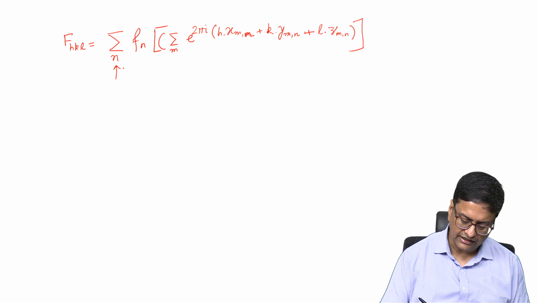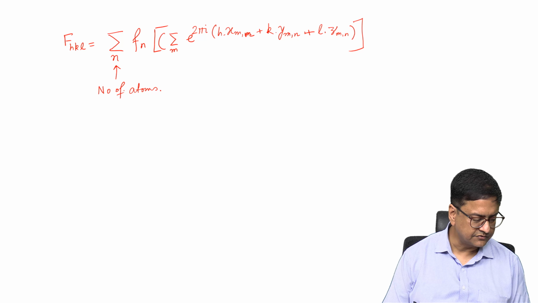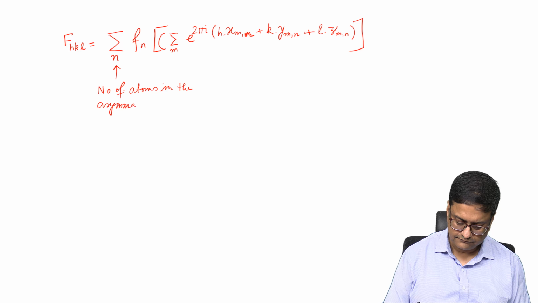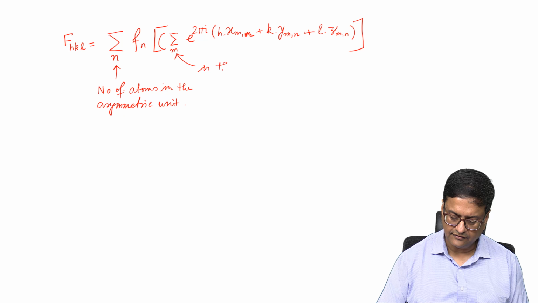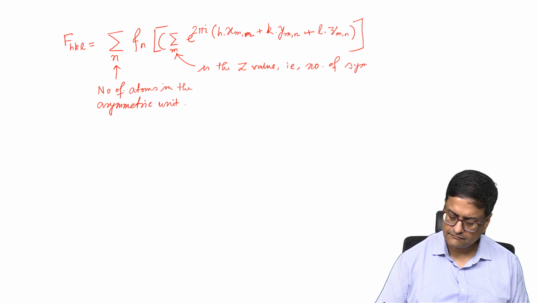where this small n is the number of atoms in the asymmetric unit and m is the Z value, that is the number of symmetry equivalent positions in the unit cell.